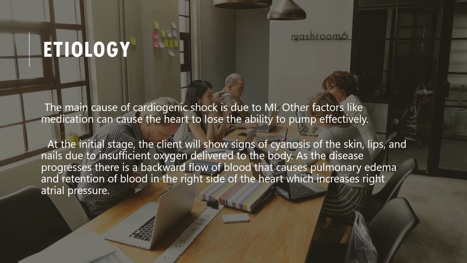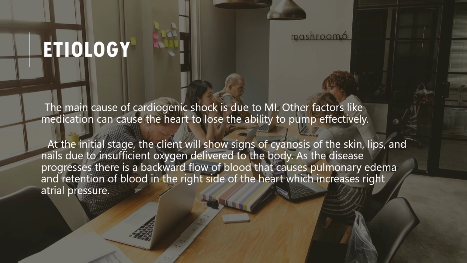For etiology, the main cause of cardiogenic shock is MI. Other factors like medication can cause the heart to lose the ability to pump effectively. This reduces the amount of blood circulating in the body system.